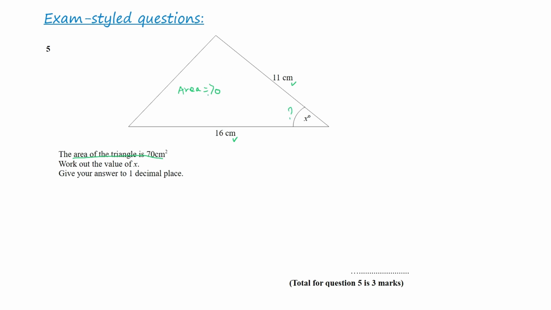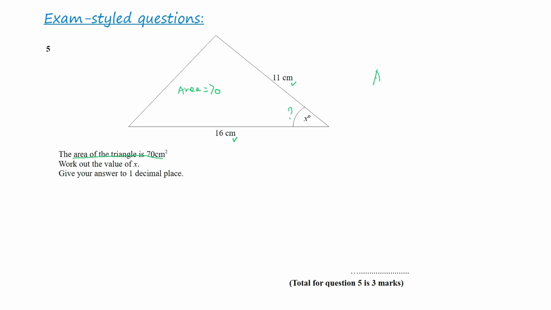In this general triangle, this is a relationship between area, two sides, and the angle in between. How convenient it is. So obviously we are going to use the formula for area.